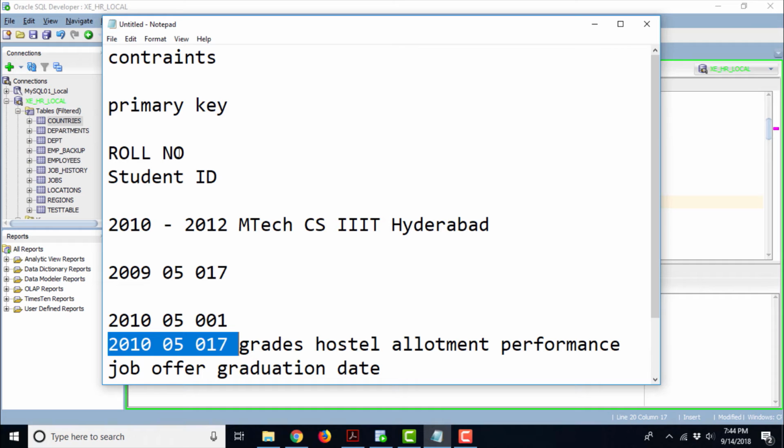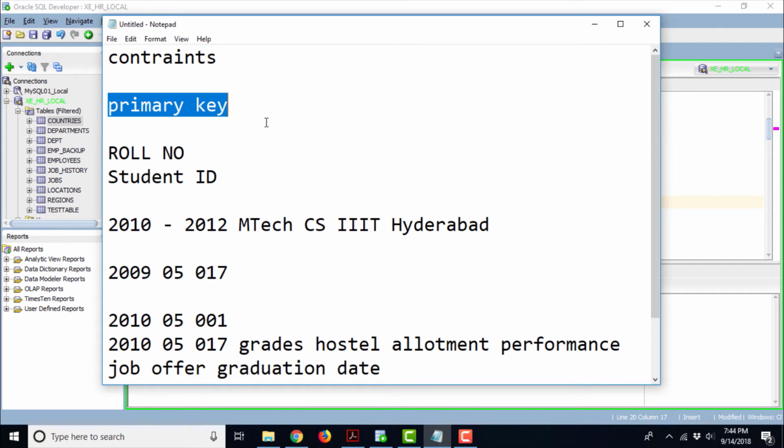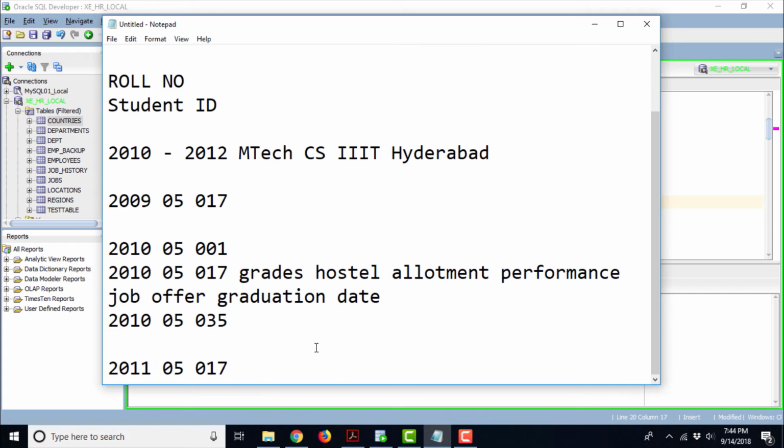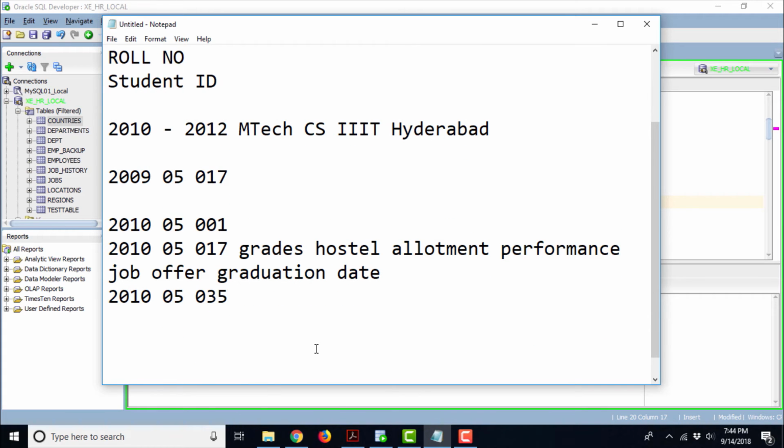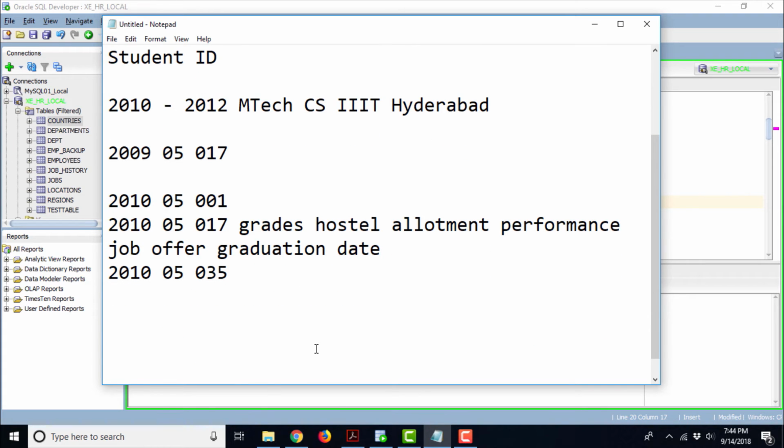In a database we have something similar, and that is known as the primary key. If you check your national registry, you are going to find various unique identification numbers allotted to you. You will have a passport number, which I'm pretty sure is a unique number because every passport has a unique identification number.